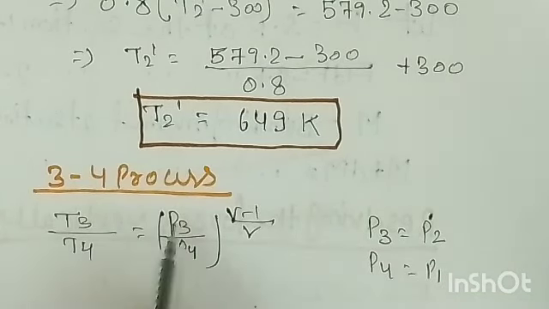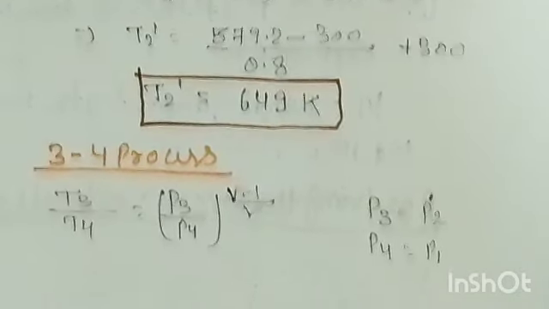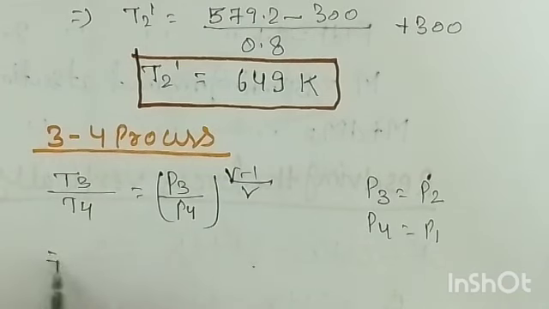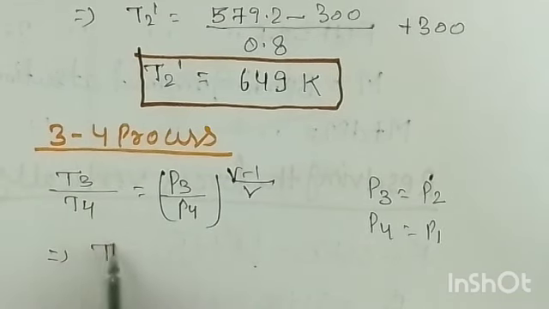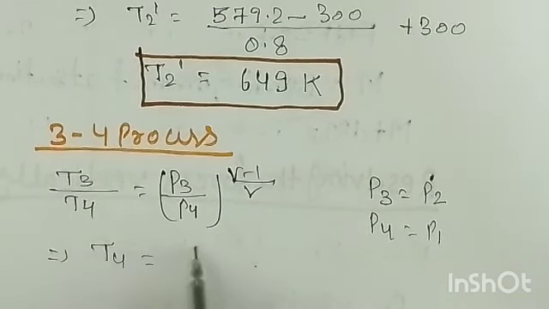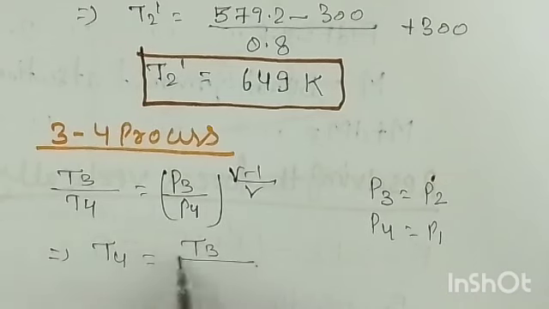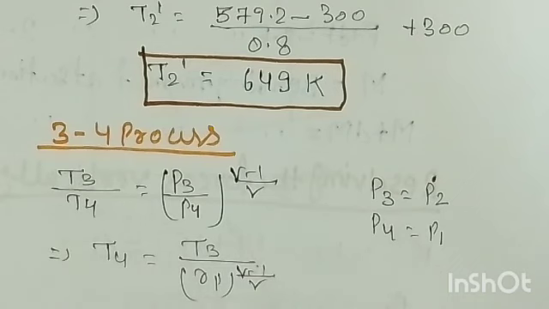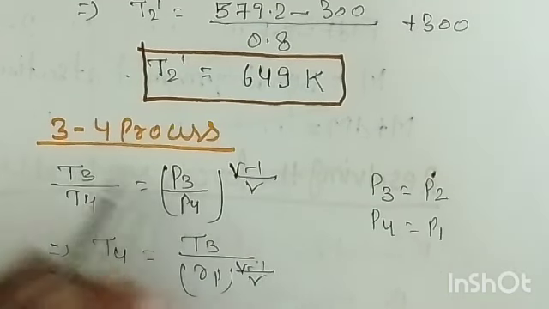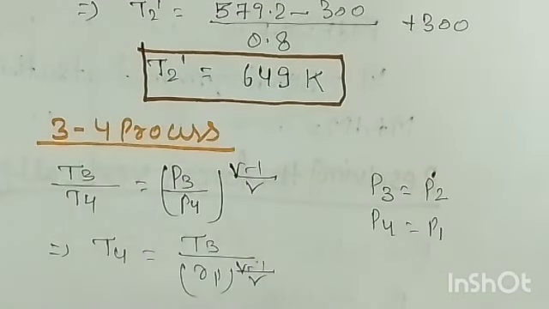So P3 becomes P2 and P4 becomes P1, which is nothing but the Rp, and the Rp value is given, which is 10. So directly we need to find T4. T4 is equal to T3 by Rp to the power of gamma minus 1 by gamma. You cross multiply and the Rp goes to the denominator.